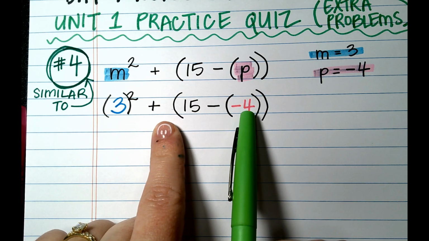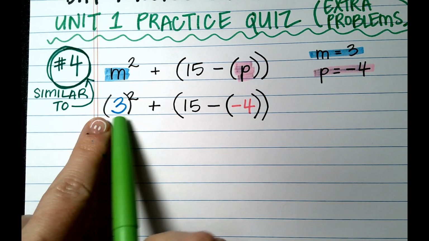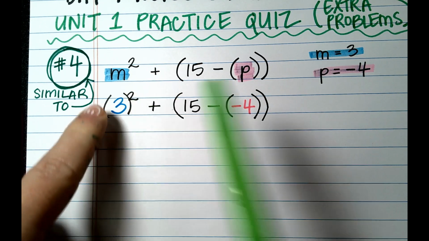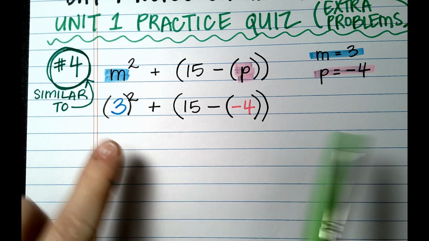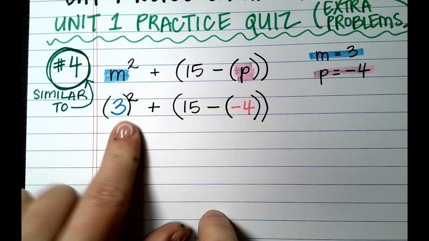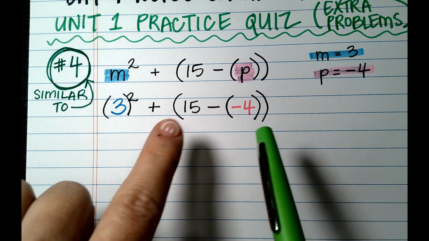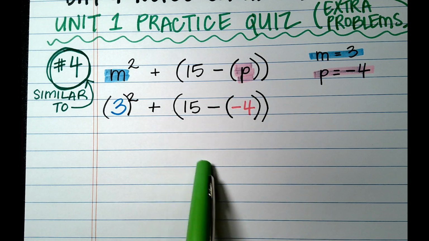There's a minus and a -4, or it's going to turn into +4. So technically there is parentheses around 3, but there's no operation inside. Now, this is a problem where if you do that first, you'll still get the right answer. Sometimes that happens. But if we want to be super technical about it, we're going to do this first.